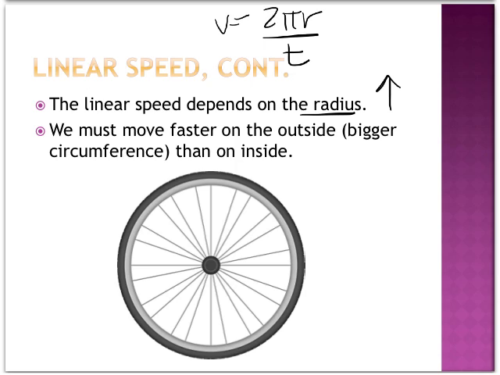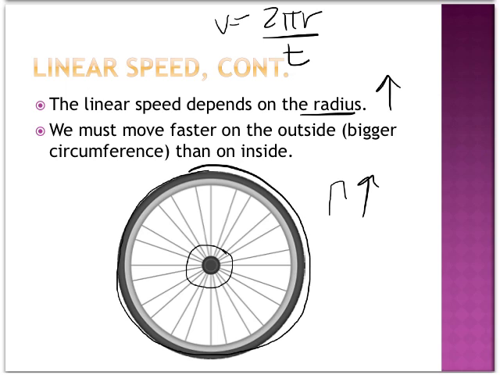If you think about the tire, if you're right here, your distance is much tinier than, say, the tread of the actual tire out here. So linear speed is dependent on the size of the circle. The bigger the circle, or the further towards the outside of the circle, the bigger your radius. So therefore, when radius goes up, velocity goes up.